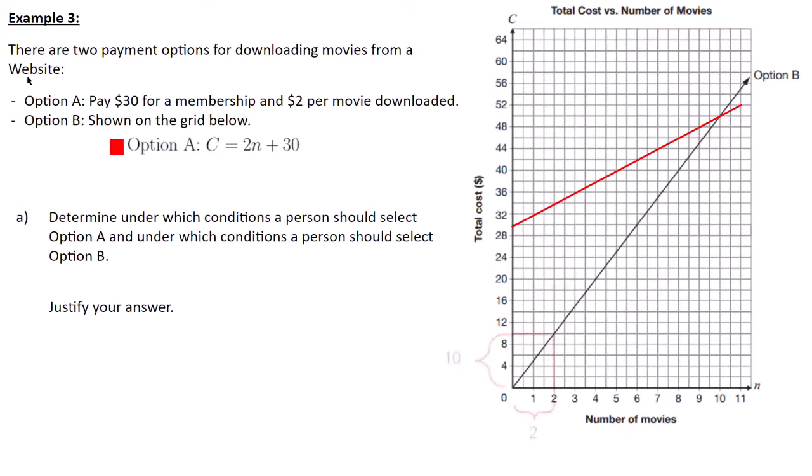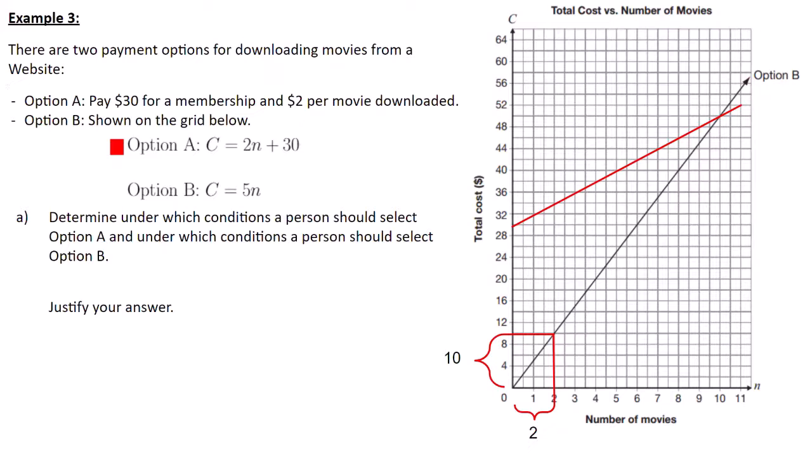So we want to figure out the slope. In this case, the slope is a rise of 10 and a run of 2. I picked 10 and 2 because that's where it intersects with an actual grid line, so it's easy to read. Now 10 divided by 2 is 5, so option B will be C equals 5n.